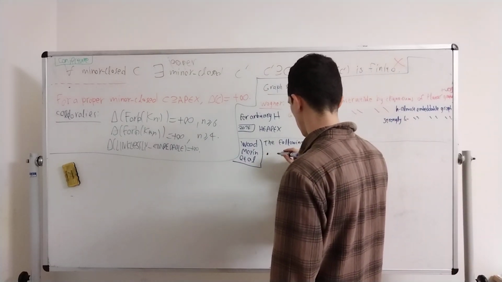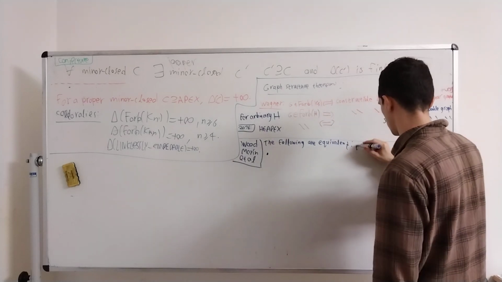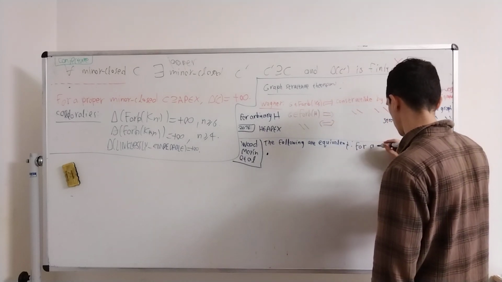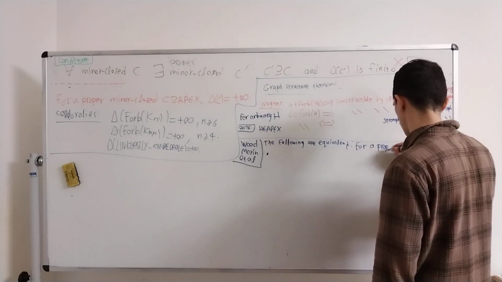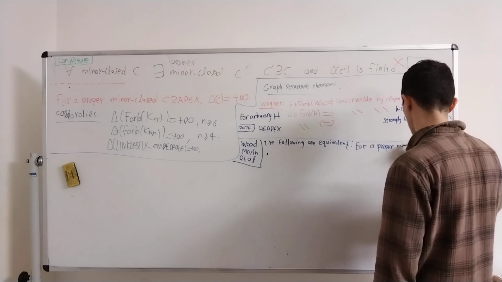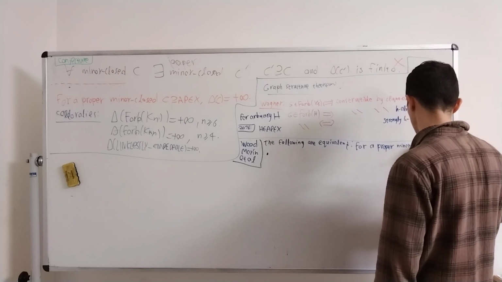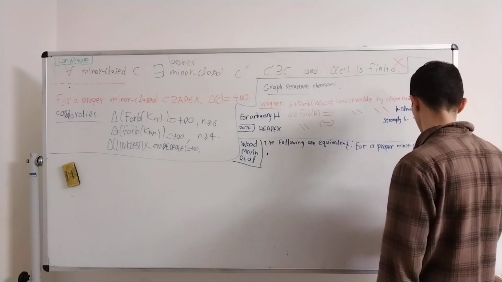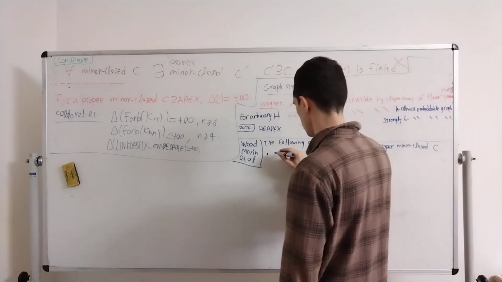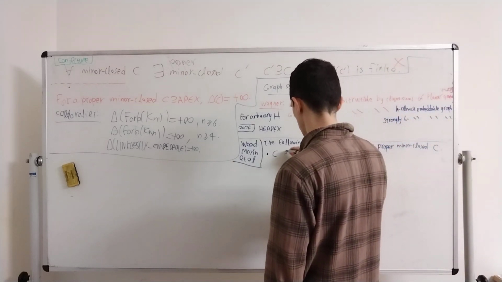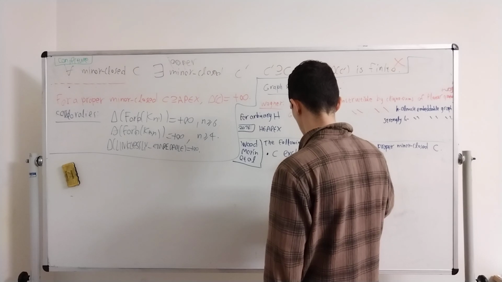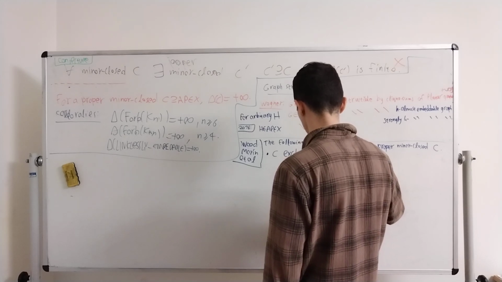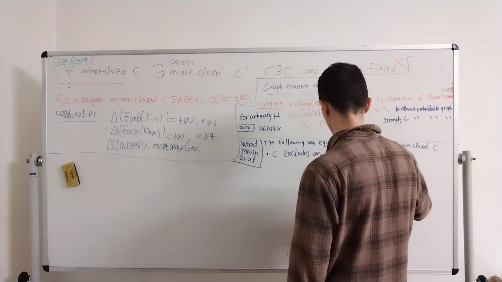Okay, for a proper minor closed class C, C excludes an apex graph as a minor.